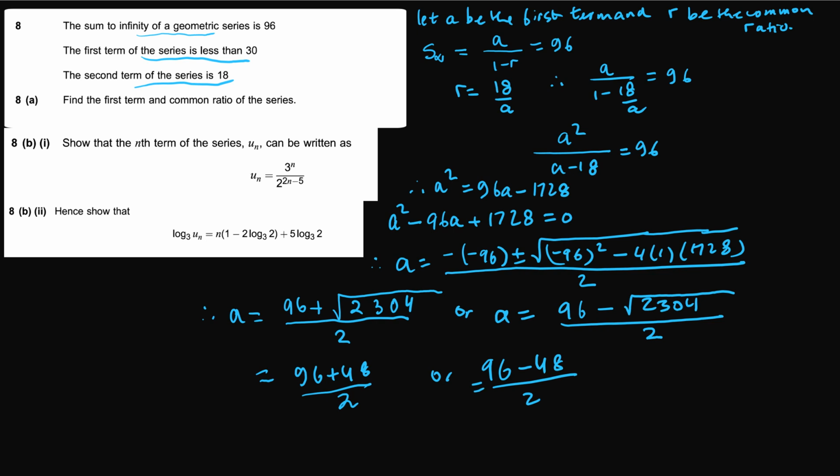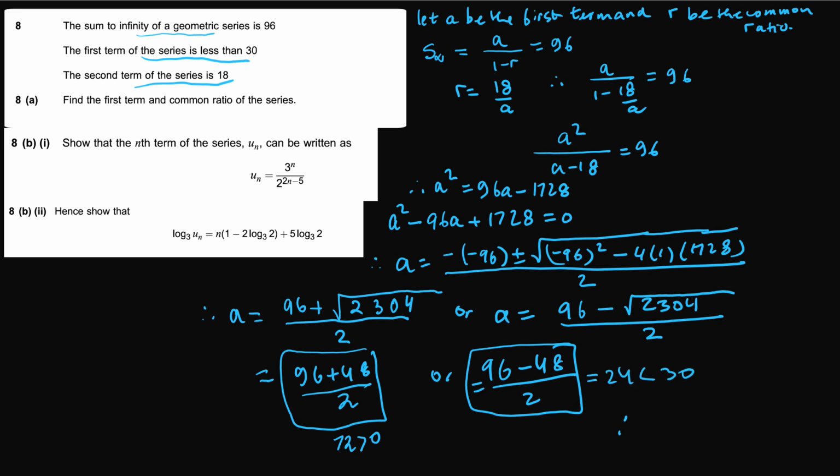Obviously the first result is going to be greater than 30: 96 plus 48 over 2 is 72, and that is greater than 30. So we are interested in the second result, because that is equal to 24, which is less than 30, and therefore a is equal to 24.